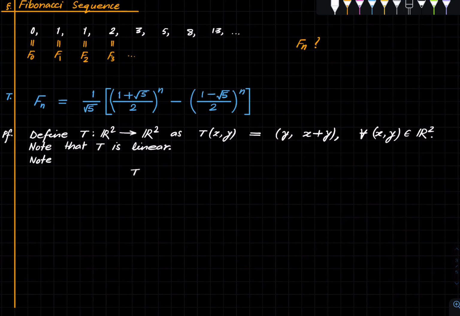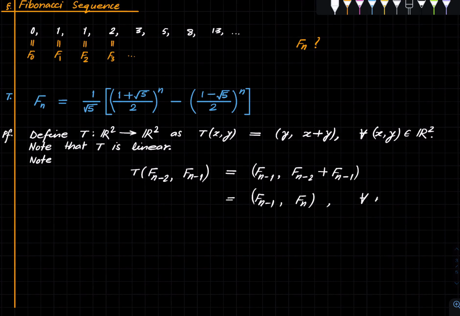that T of this pair (f_{n-2}, f_{n-1}), this is what? This is equal to (f_{n-1}, f_{n-2} plus f_{n-1}). And what is this?